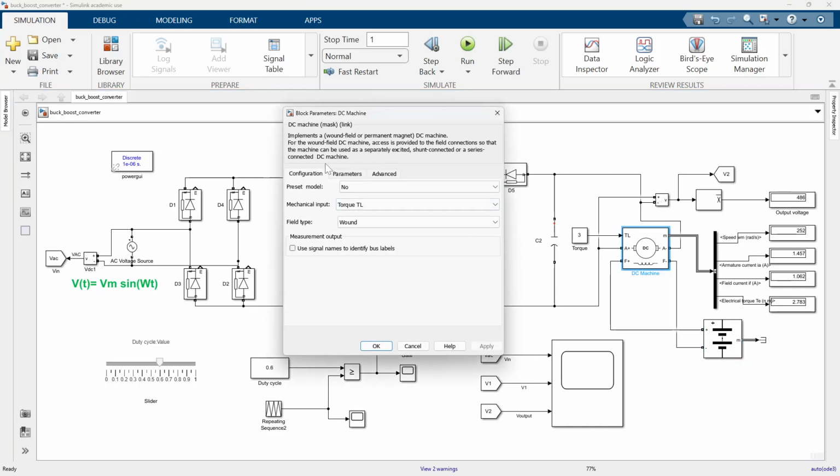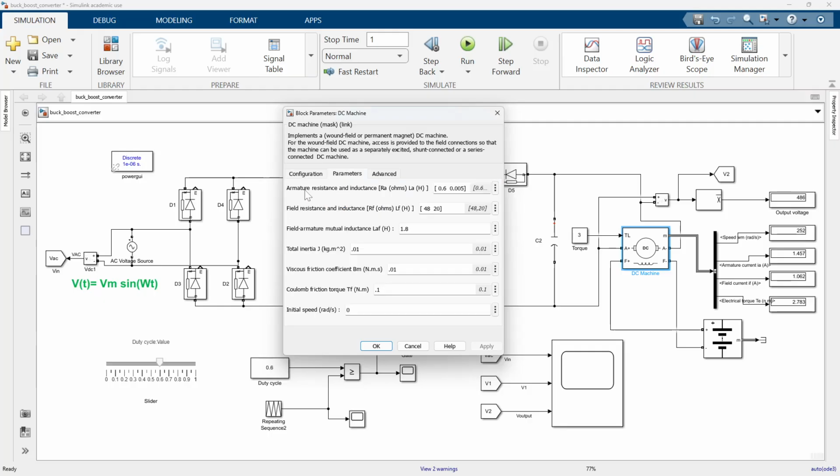The motor takes a mechanical input in torque, and its field type is wound type. The other parameters of the motor given in the project question are as given here.